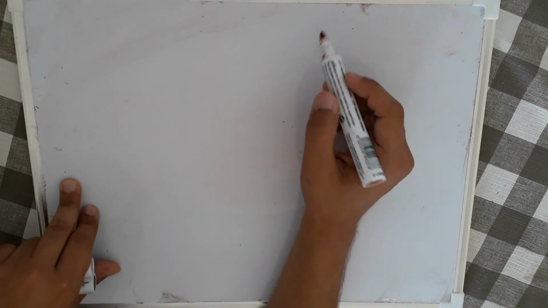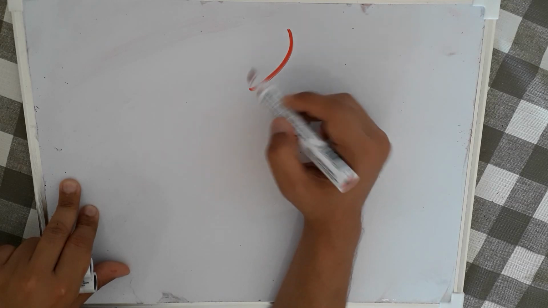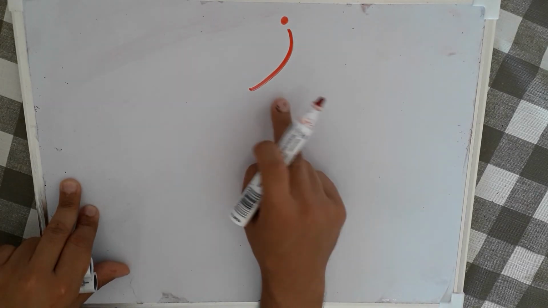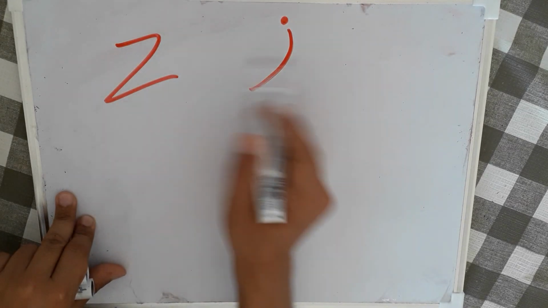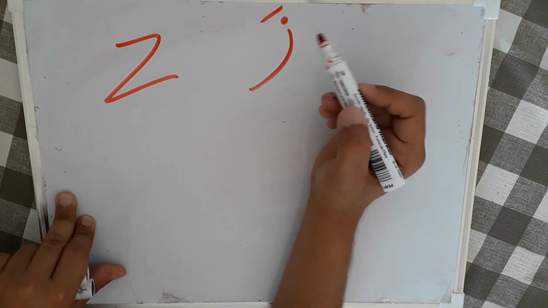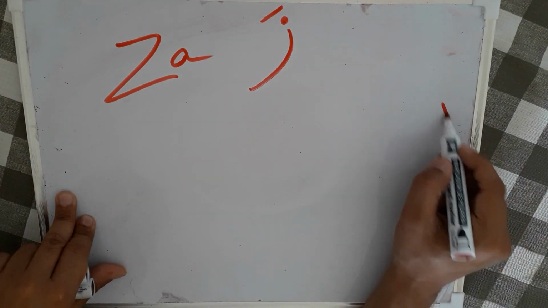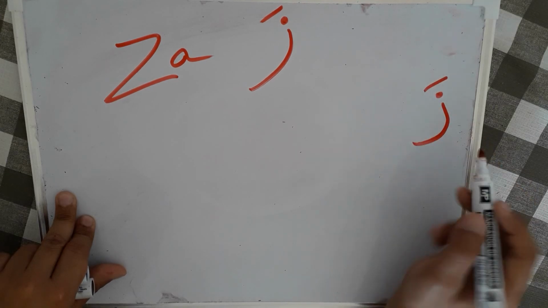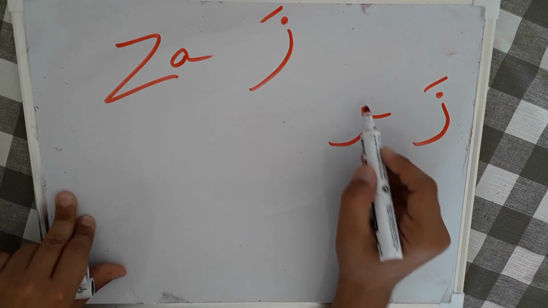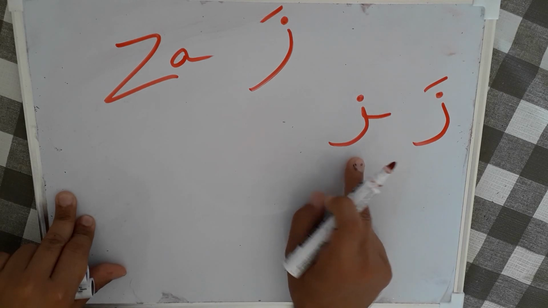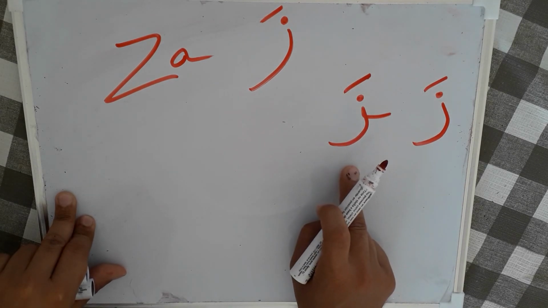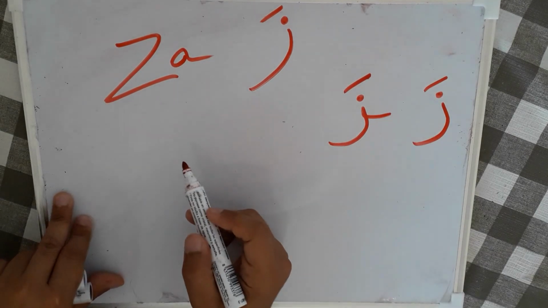Today we will see this letter. The sound of it is Z. Z in the beginning of the word, Z in the middle, or in the end of the word. So let's see.